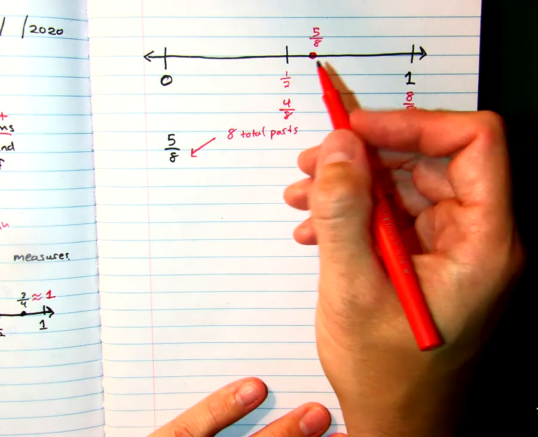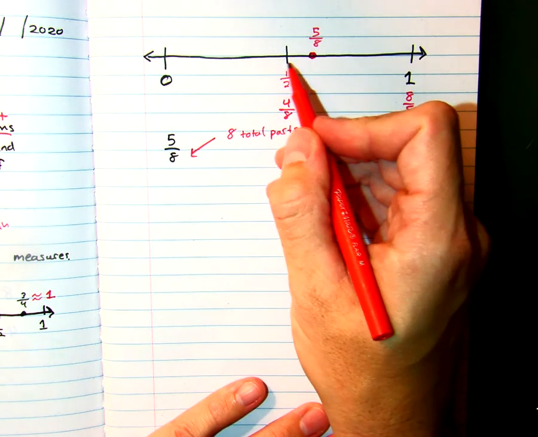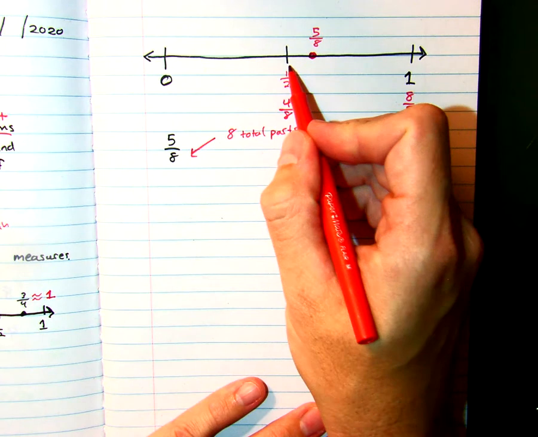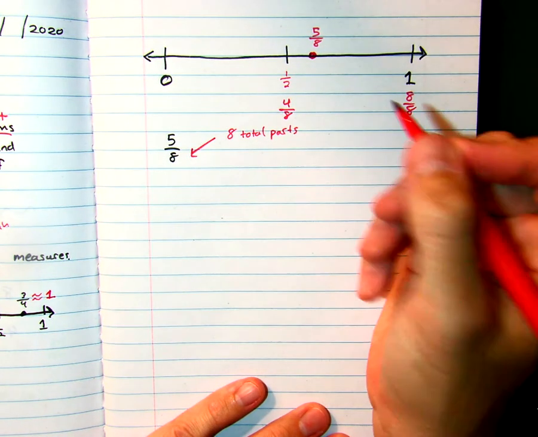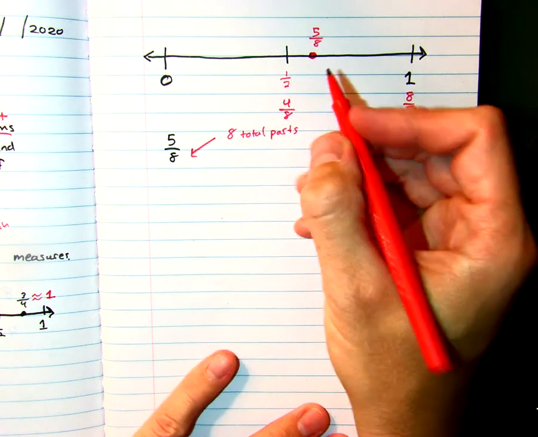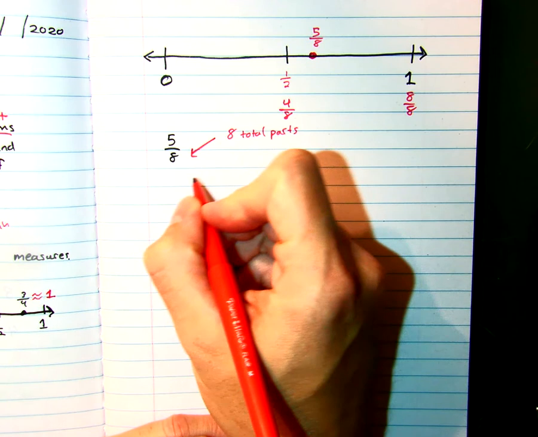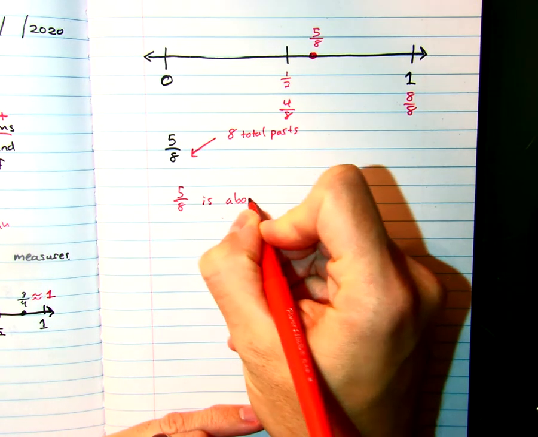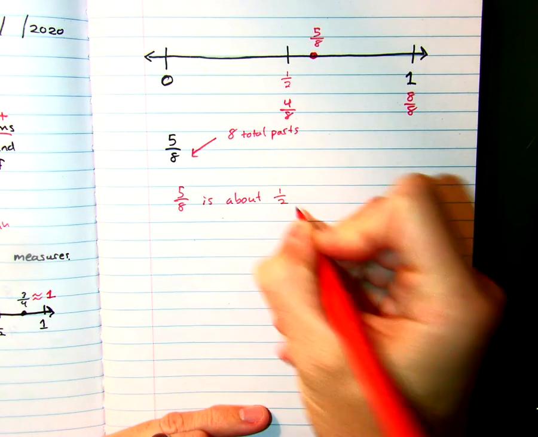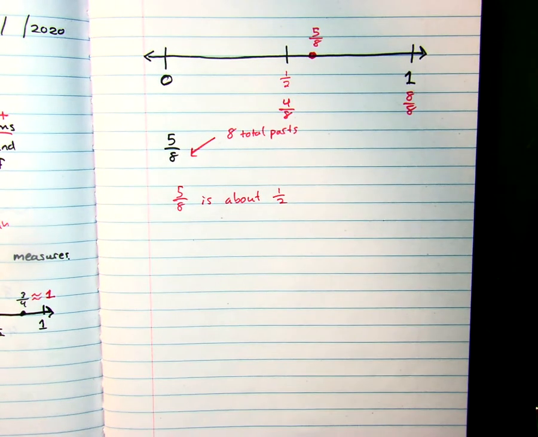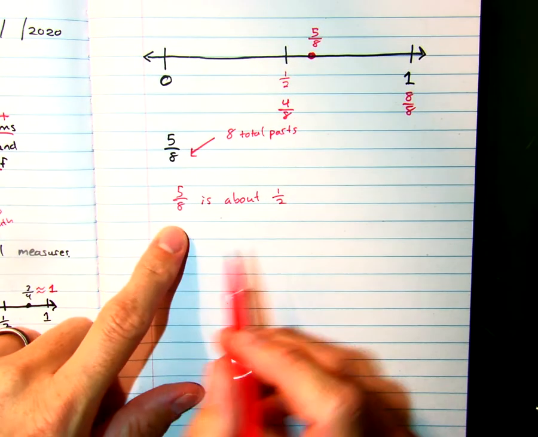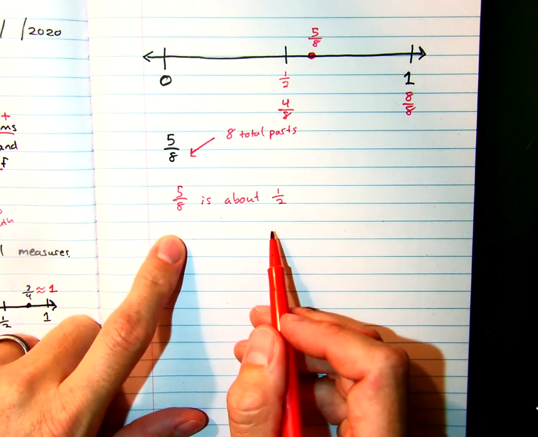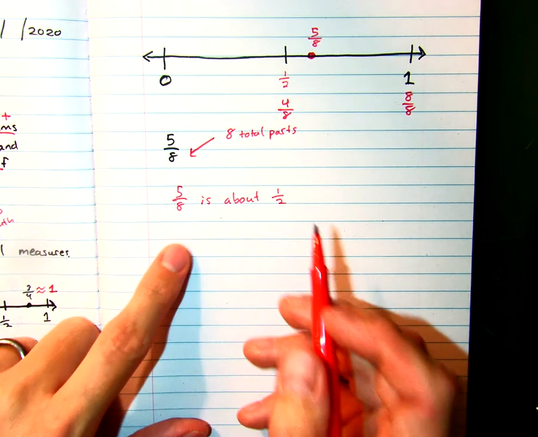I think it's a little more accurate, though, because is it closer to half or closer to 1? It's closer to half. So I could estimate and say 5/8 is about half. That is a true statement. We could also say 5/8 rounds up to 1 whole, but this one is a little more truthful.